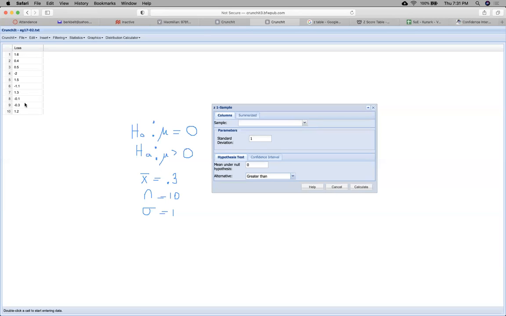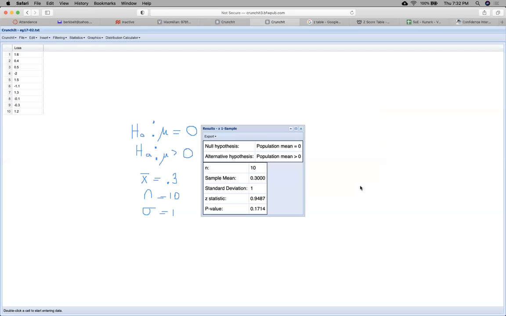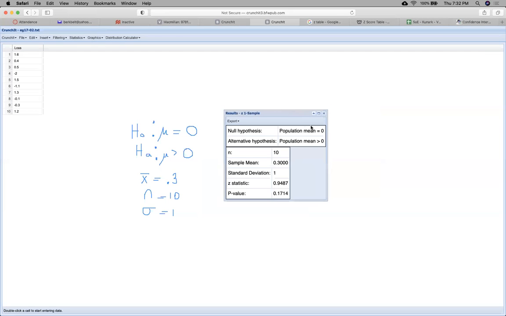So this is my sample data, right? Labeled by the loss. And then I say calculate. So null hypothesis is that the mean is 0. Alternative hypothesis, the mean is greater than 0. Sample size is 10. Sample mean is 0.3. Deviation is 1. Ignore this for now. We'll get to it later. And my p-value is 0.1714.